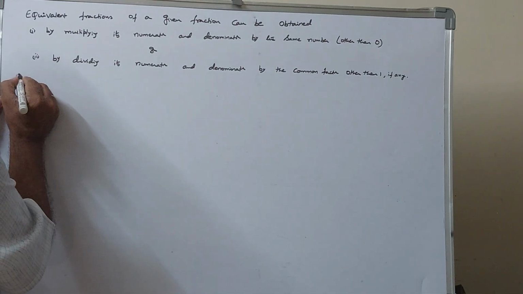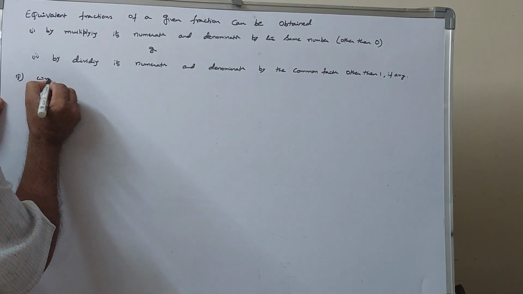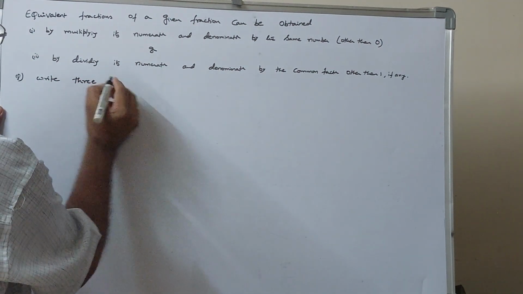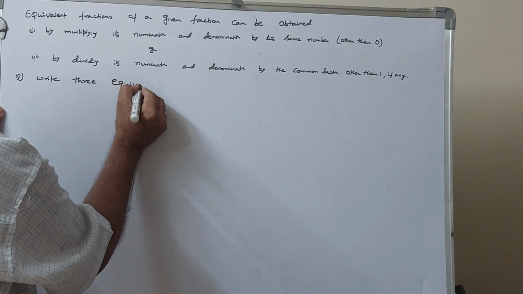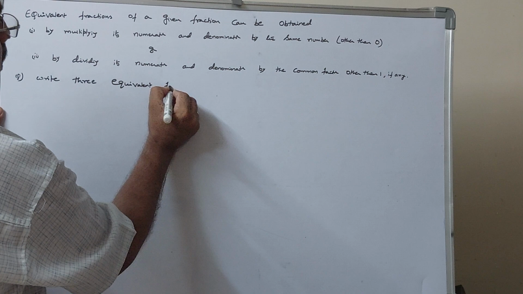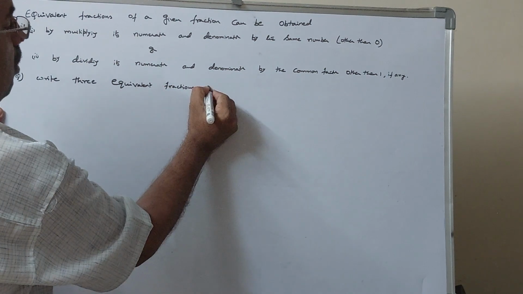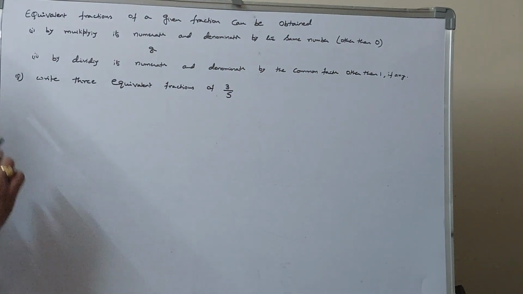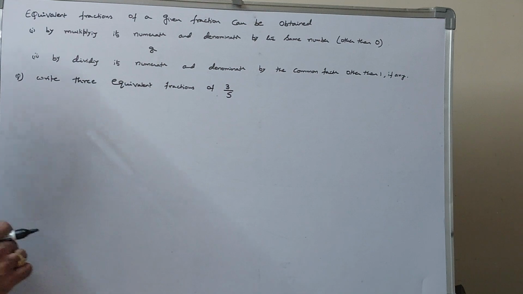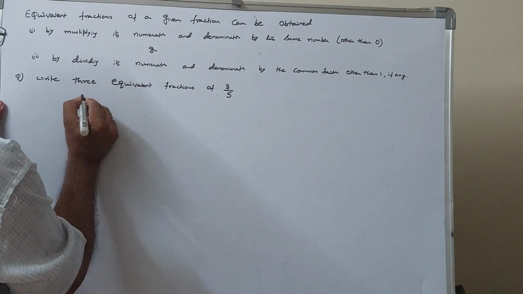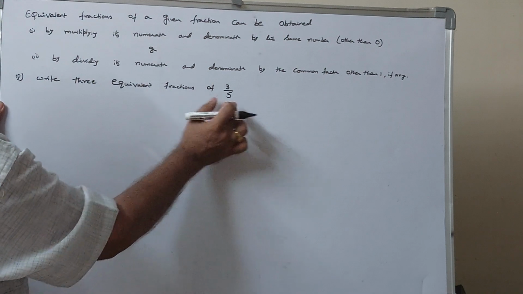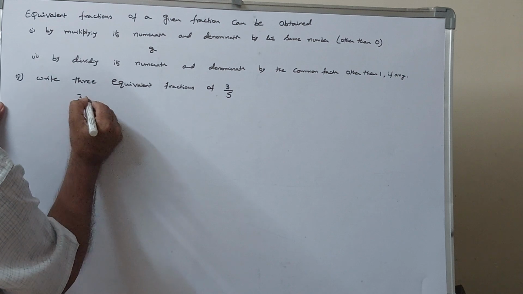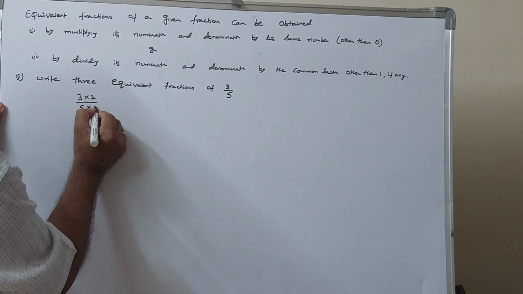And one question, write it down. Write 3 equivalent fractions of 3 by 5. How will you do this problem? Take 3 by 5 and multiply the numerator and denominator with the same number.